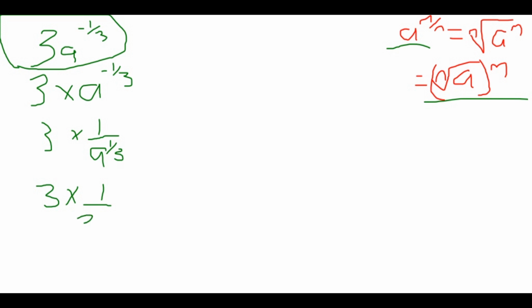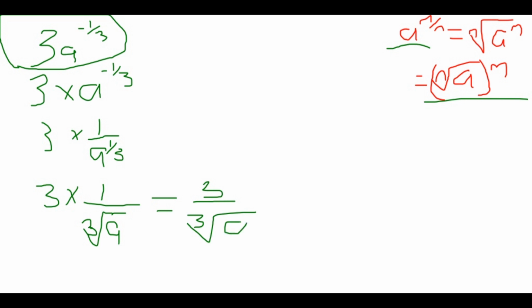So it will be the third root of a. Now you can choose to add the power of 1, or you can choose to leave it. So this will be equal to 3 over the third root of a. So this gives the answer.